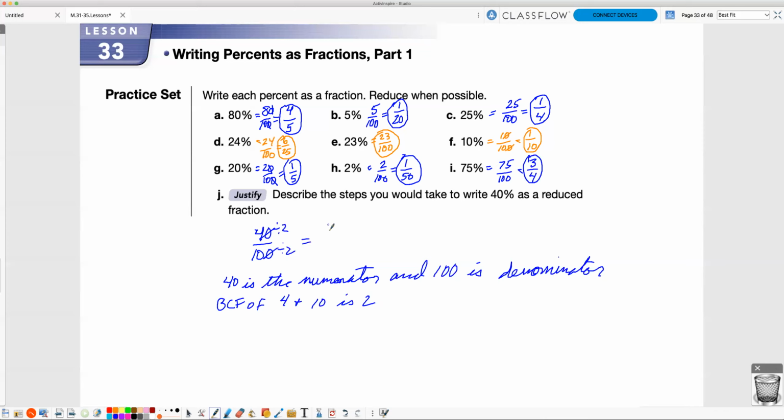And then I'd end up with this 2/5. And so the final answer, the reduced fraction, would be 2/5.